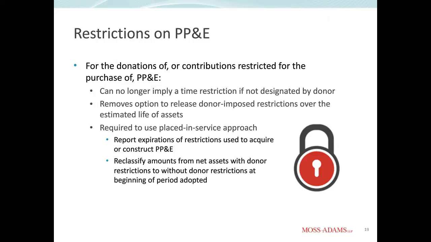So this is a little bit different than what was done in the past, as there could be an option in the past where donor-imposed restrictions were released over the estimated life of the asset, and that removes that option. So if there are no restrictions over the useful life, or not the useful life, but the use of that asset, then those net assets should be released once it is placed in service.